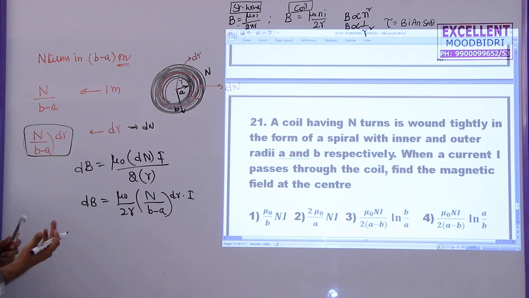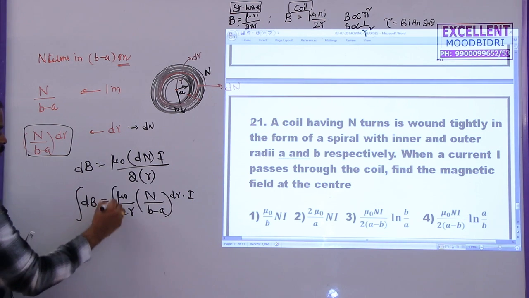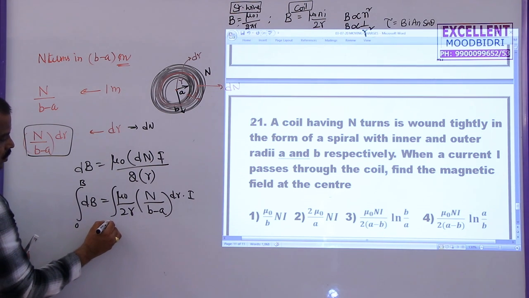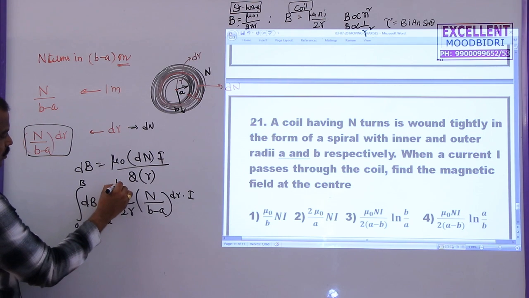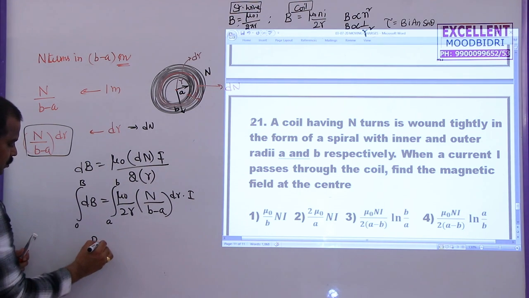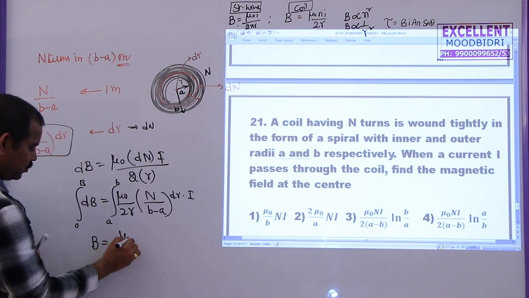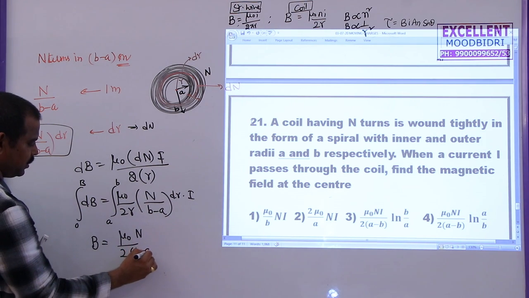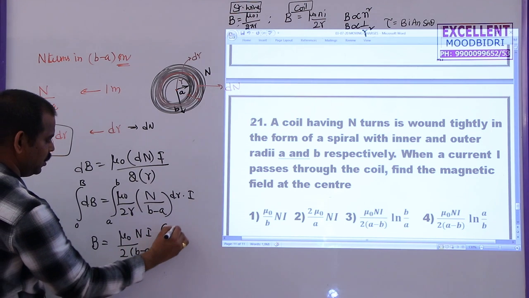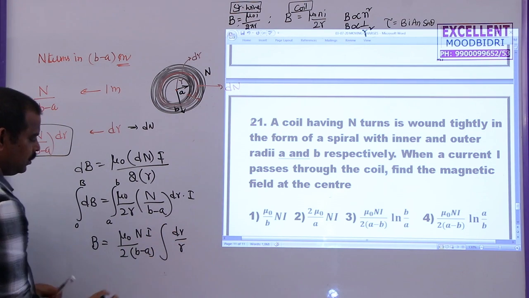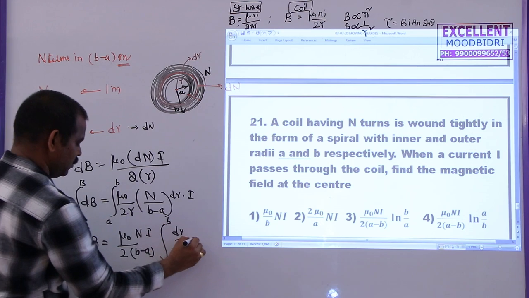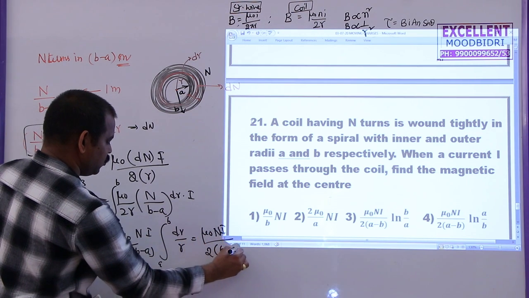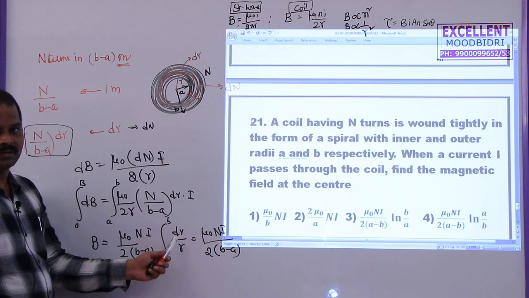To find out the total field, integrate on both sides, here with 0 to B, here with limits A and B. So integral dB is B. So this B will be mu naught constant, 2 constant, total number of turns constant, B minus A and I are also constant, integral dr by r with limits A to B. So this is mu naught N I by 2 into B minus A. Integral dr by r is log r.